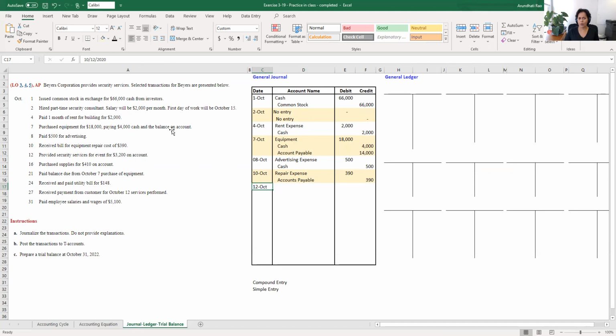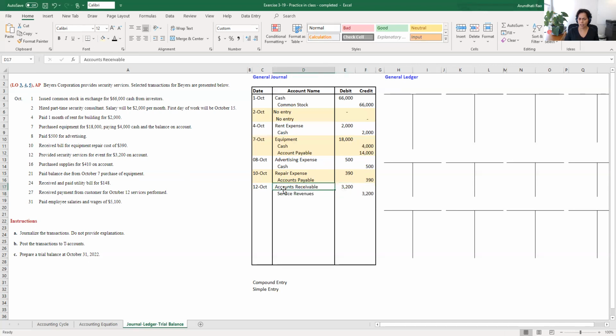Previously, when it was on account, we had to pay, because we got something. Now we gave our services. We performed services. We will get the money. So in this case, it's an asset, called accounts receivable. Accounts receivable debit, service revenue credit, and that's for $3,200.